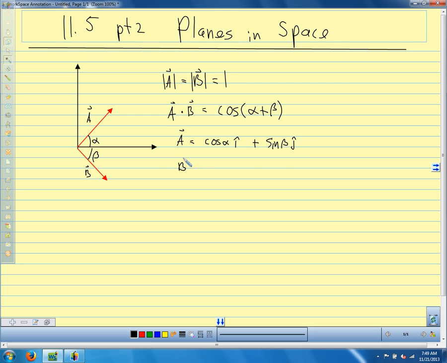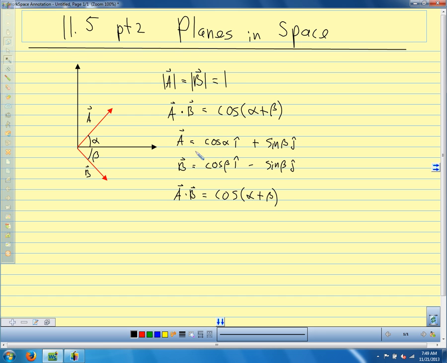And B is cosine beta i minus sine beta j. So we're going down the negative y direction here. So A dot B, we said, is the cosine of alpha plus beta.